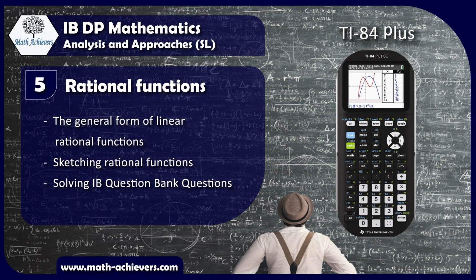Let's start. The general form of the rational function is f of x equals ax plus b over cx plus d.